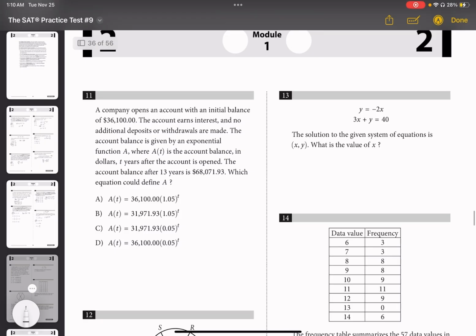Question 11. A company opens an account with an initial balance of $36,100. The account earns interest and no additional deposits or withdrawals are made. The account balance is given by an exponential function A, where A of t is the account balance in dollars t years after the account is opened. The account balance after 13 years is $68,071.93.